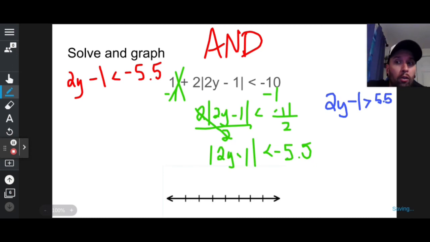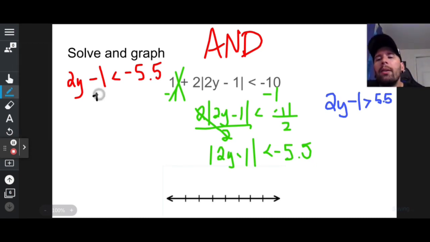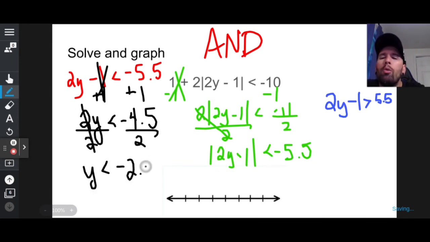I solve each one individually. All right, I add 1. 2y is less than negative 4.5. I divide by 2. And y is less than negative 2.25.